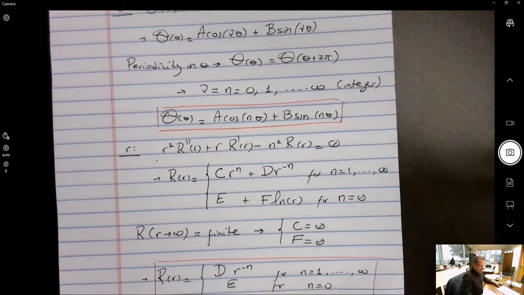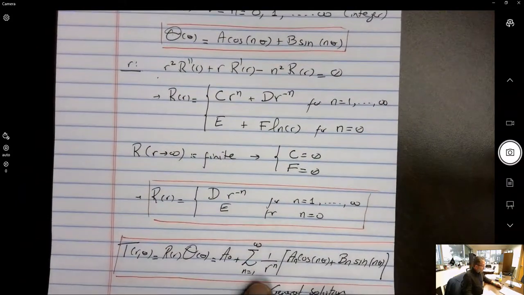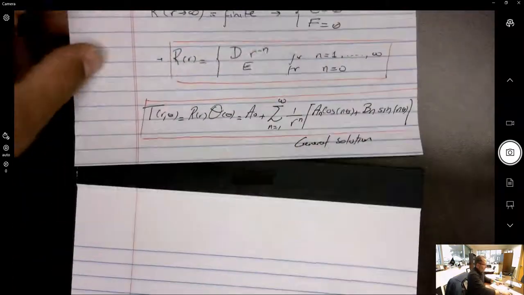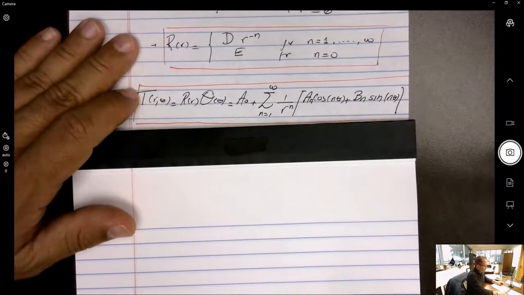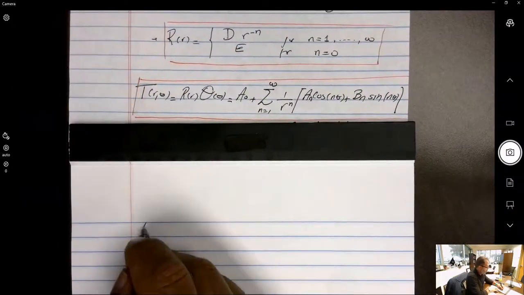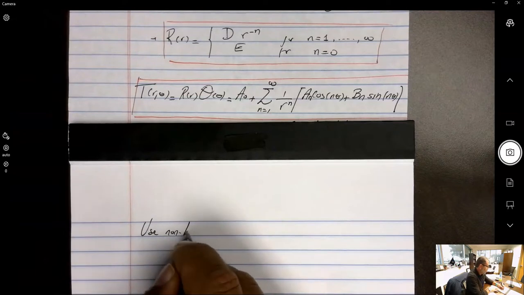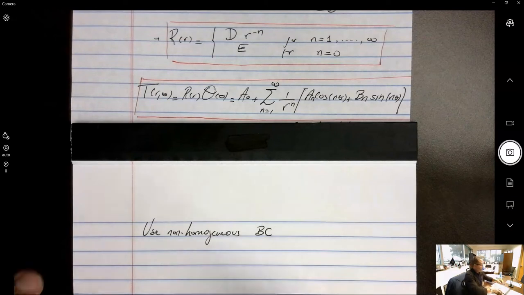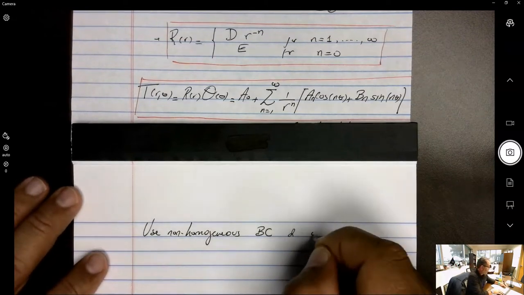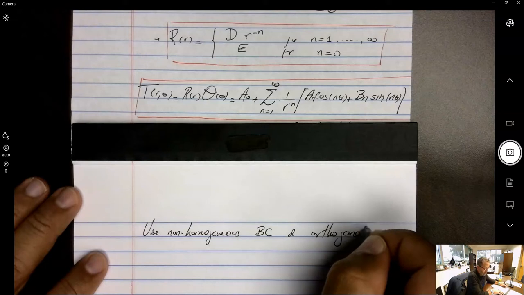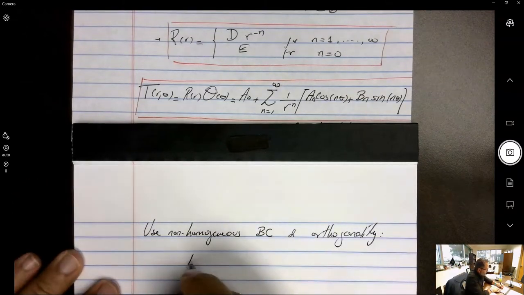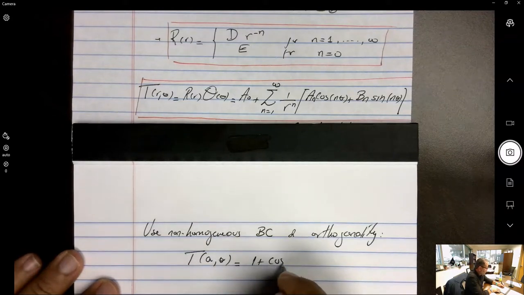All right, so we can go about imposing the non-homogeneous boundary condition and orthogonality. So we're told that T of a and theta is equal to 1 plus the cosine of 4 theta.